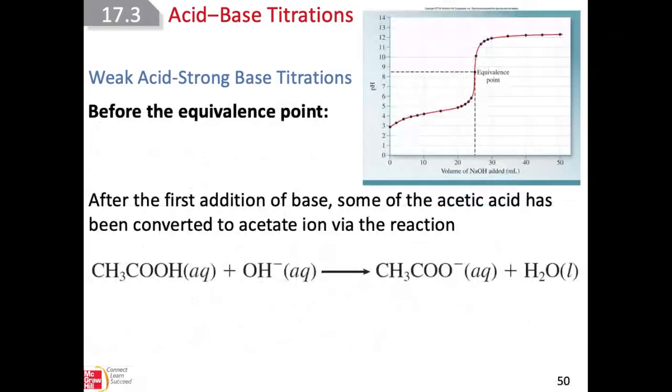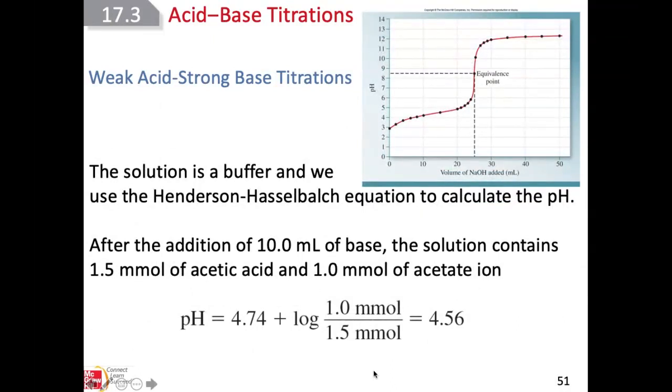This is why over here we're getting 1.5 millimole left. So we have 10 ml of the base, and that solution will have 1.5 millimole of acetic acid and 1 millimole of acetate ion.